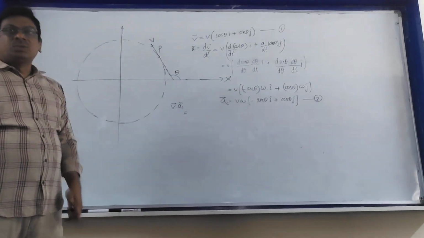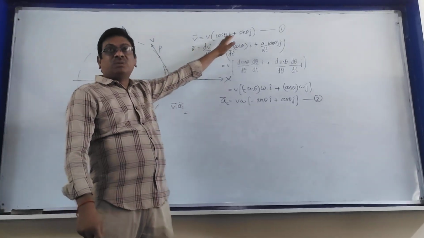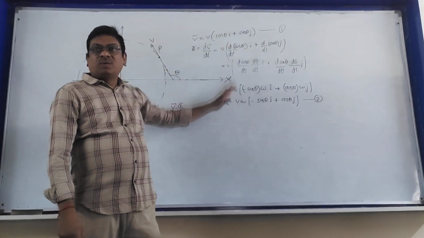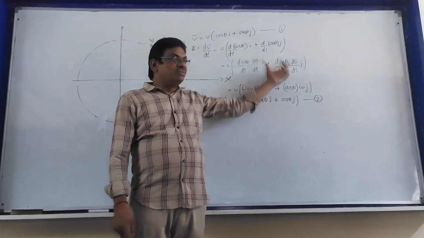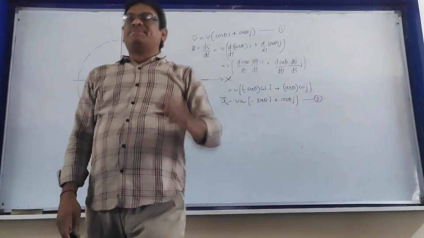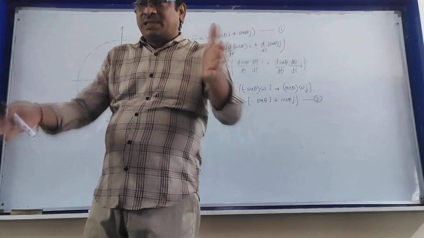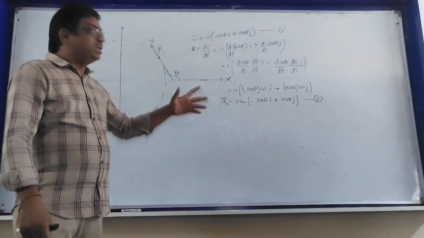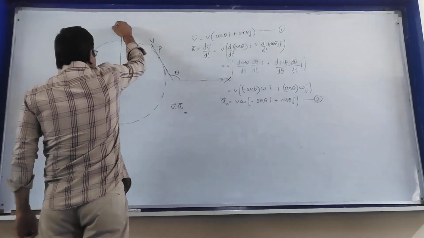You know how to calculate the dot product? When vectors are expressed in terms of i, j and k, multiply the coefficients of i cap, that is the x components, then multiply the coefficients of j cap, the y components, and multiply the coefficients of k cap, the z components, and then add them. Here there is no z component because we are considering a two-dimensional vector in the xy plane.